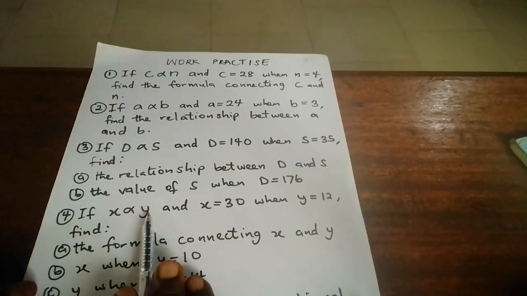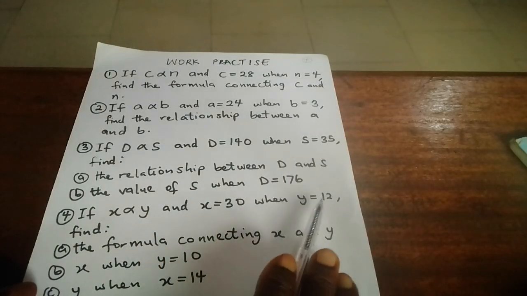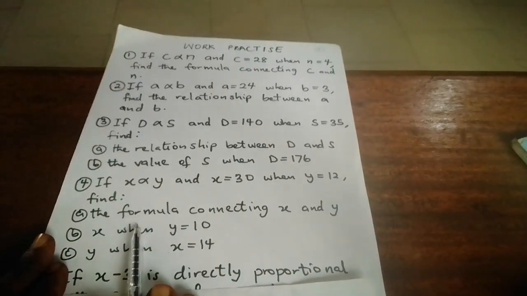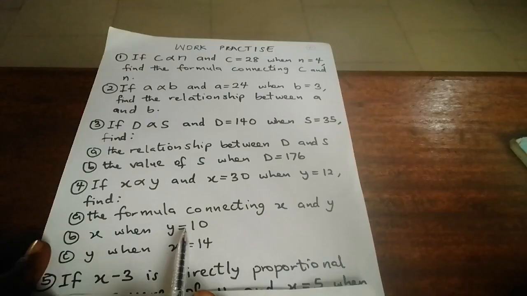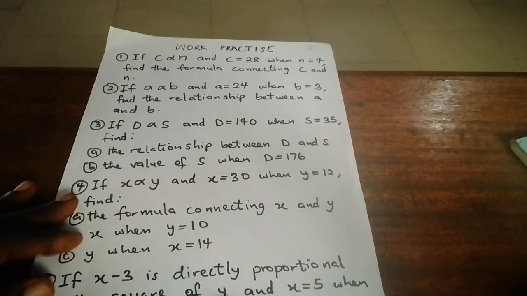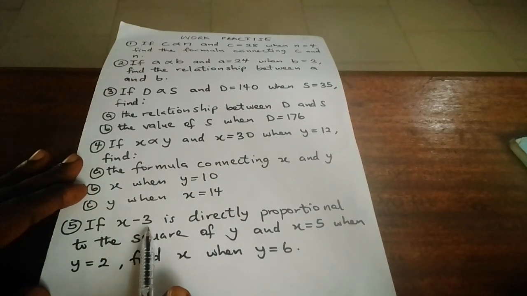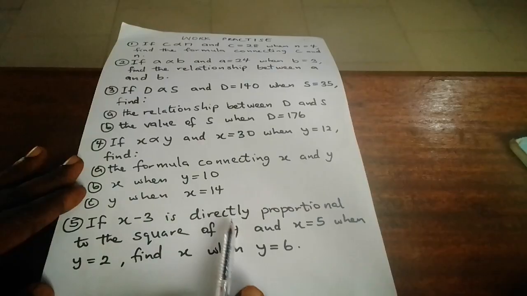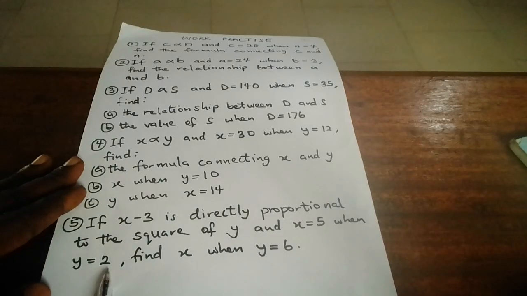If X is directly proportional to Y and X is equal to 30 when Y is equal to 12, find A, the formula connecting X and Y, B, X when Y equals 10, C, Y when X is equal to 14. Number 5. If X minus 3 is directly proportional to the square of Y and X equals 5 when Y equals 2, find X when Y equals 6.